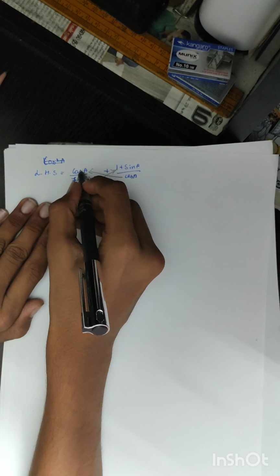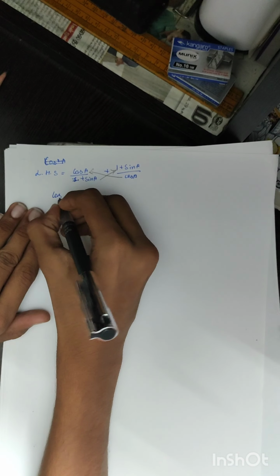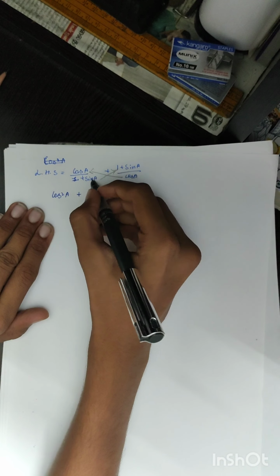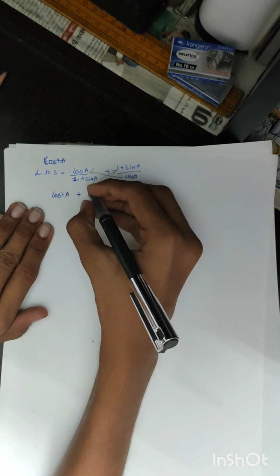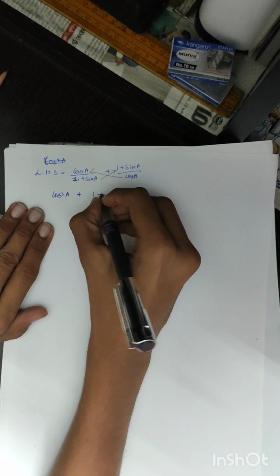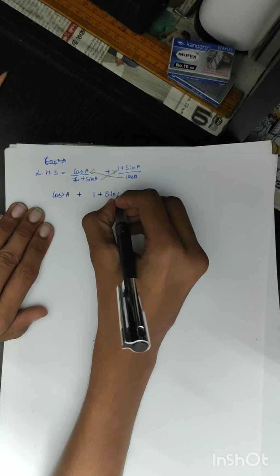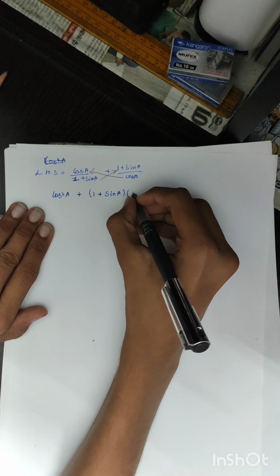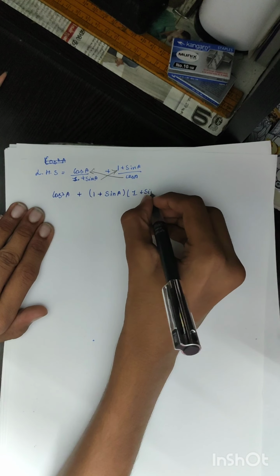So cos A into cos A will be cos square A, plus this into this, which will be 1 plus sin A multiplied by 1 plus sin A.